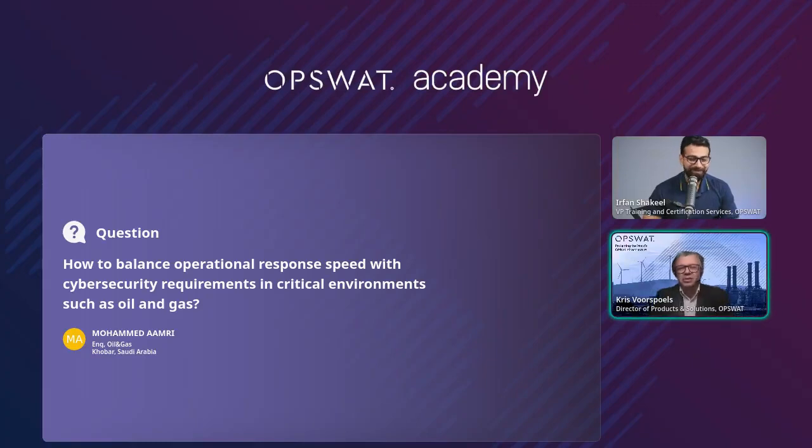If your response is too slow, you might lose millions of dollars because your production is not running. At the same time, if you open it up to a very fast response, then it might introduce vulnerabilities which cause larger problems for a longer duration. So this is a fine balance.